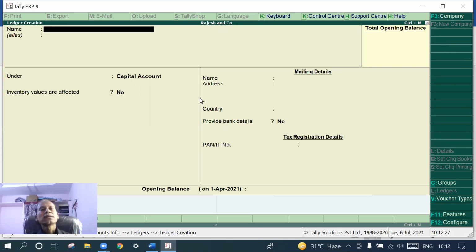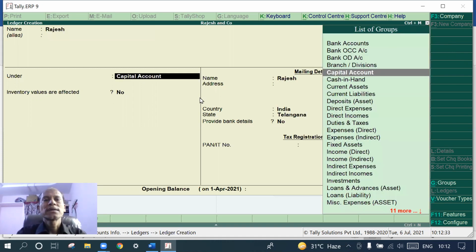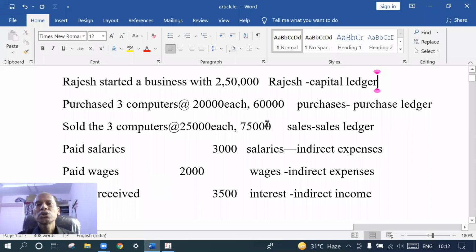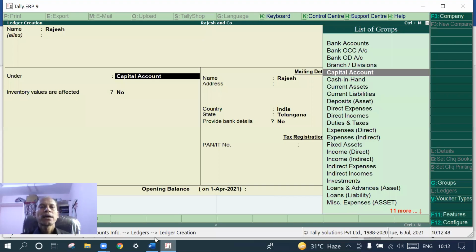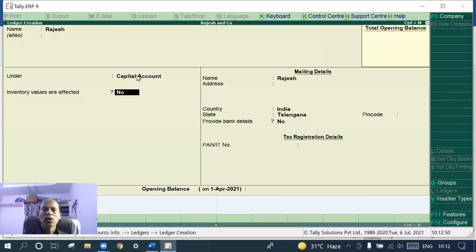See the ledger creation, first one, Rajesh. Enter. This is the capital account. As I already said, Rajesh should be saved under capital ledger. So Rajesh is saved under capital account. Save.